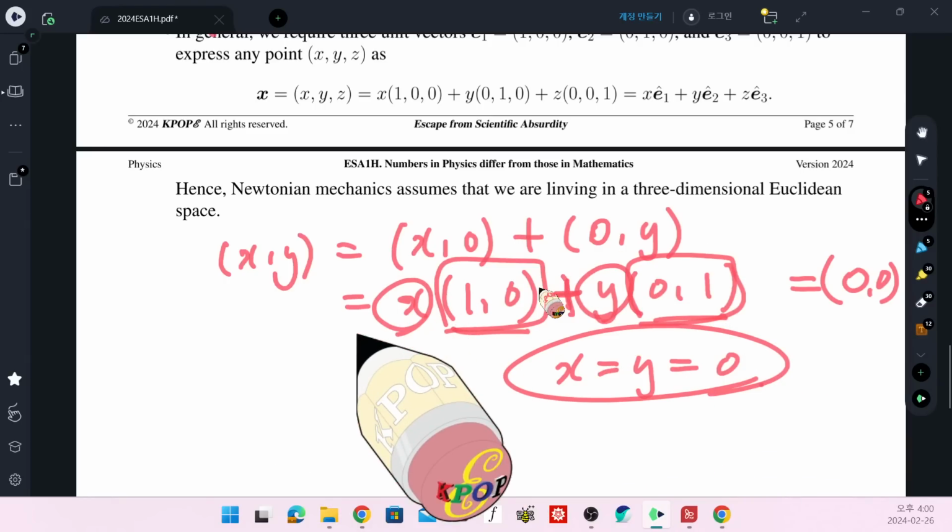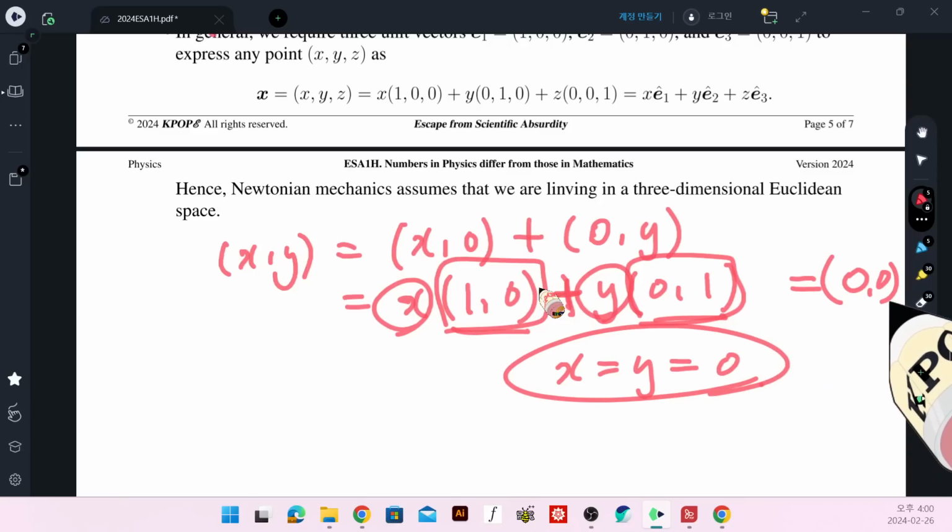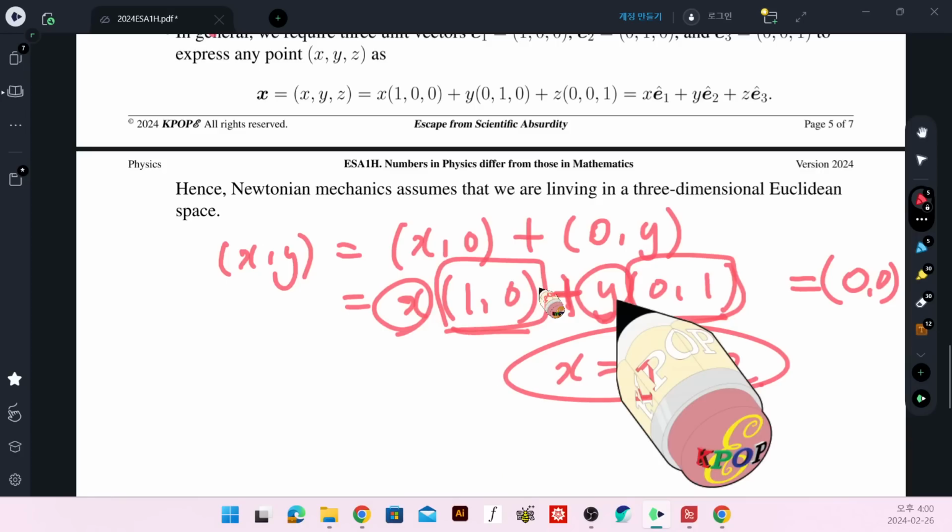This is called the linear combination. Any linear combination becomes 0 if and only if both coordinates are 0 simultaneously.